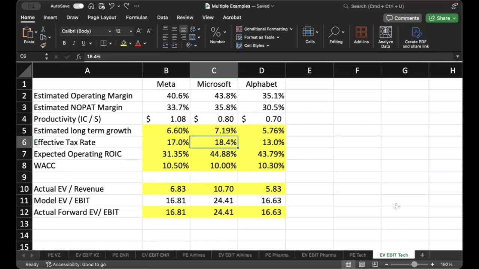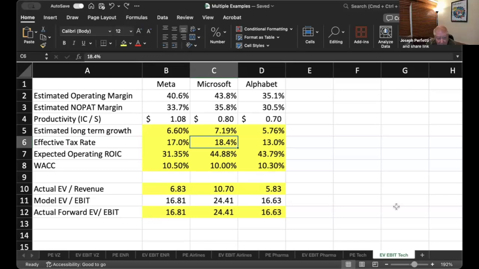Also, their tax rate is slightly higher, but it probably doesn't affect the long-term actual earnings to revenue ratio as much. Also, their WACCs are about the same. It wouldn't really affect it much, but the spread is slightly higher for Alphabet, but I'm not sure if that affects it either.